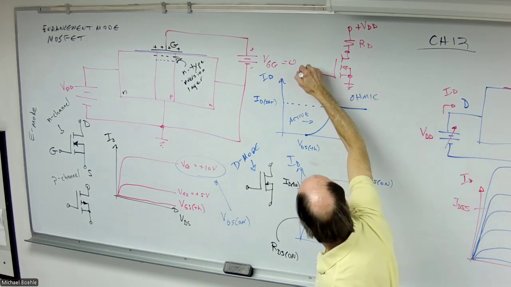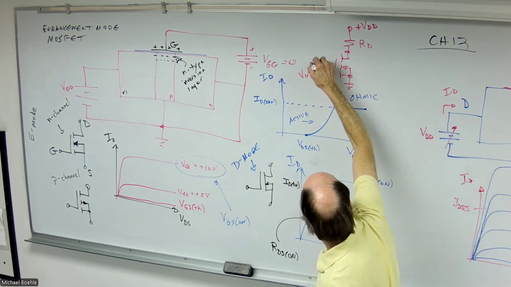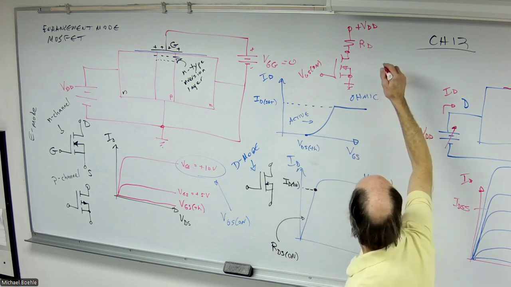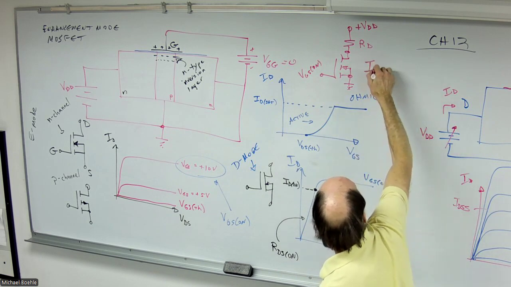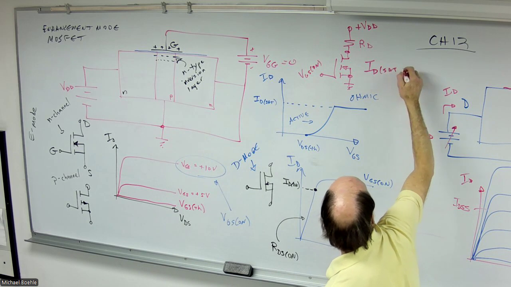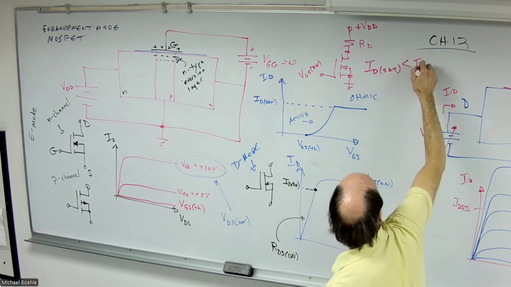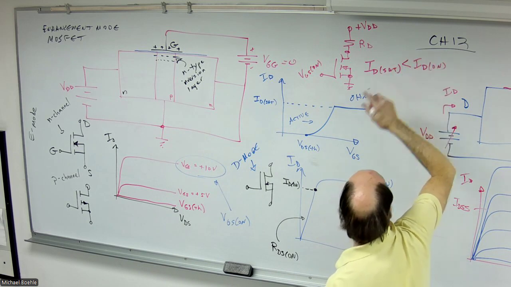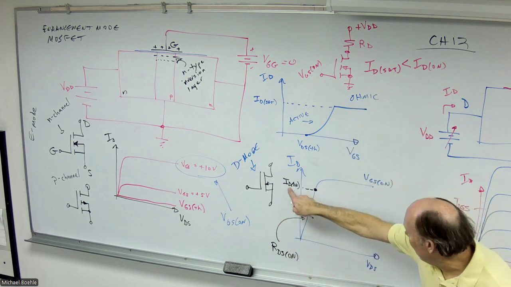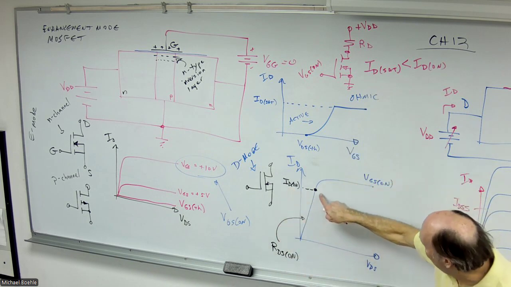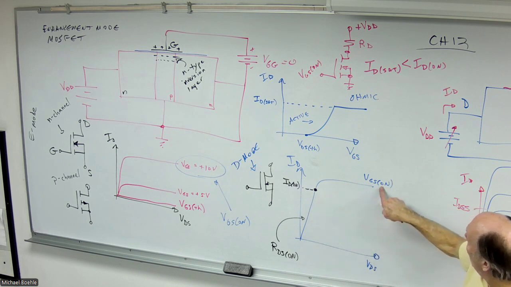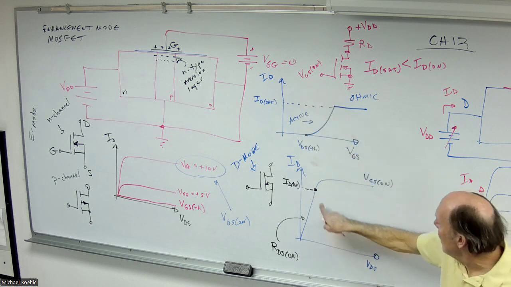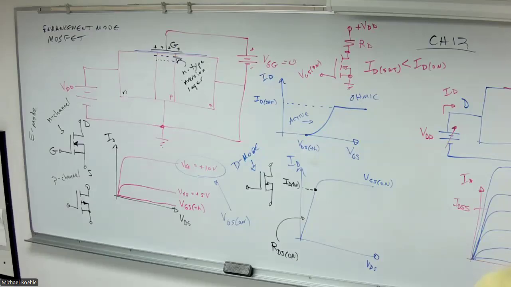If I apply the gate source on voltage right here, and as long as the saturation drain current is less than ID on, right? As long as I'm less than this point, I'm guaranteed, because I'm on this curve, I've applied that voltage, I'm guaranteed to be in the ohmic region. That's simple.